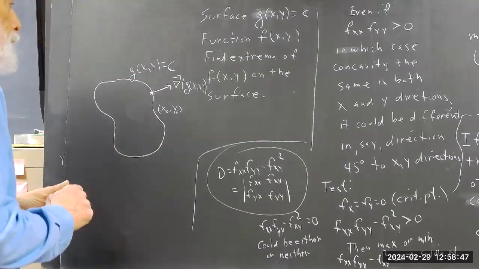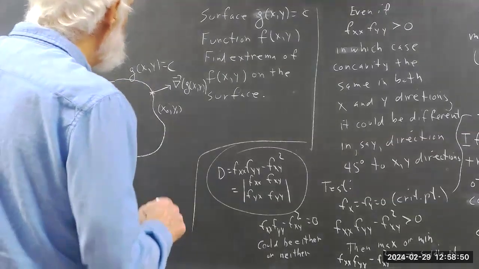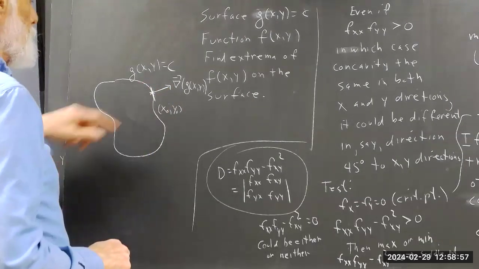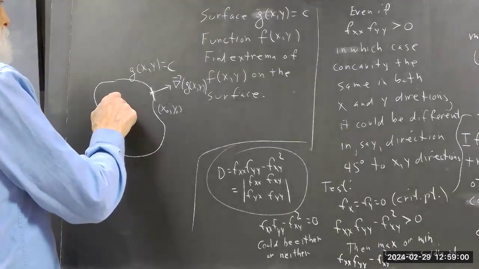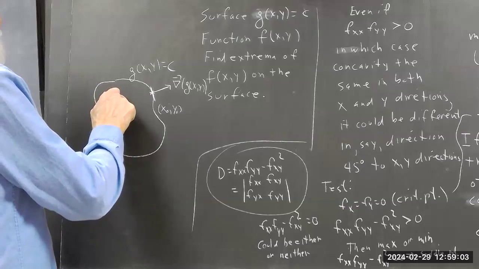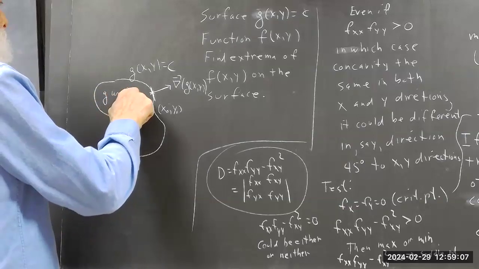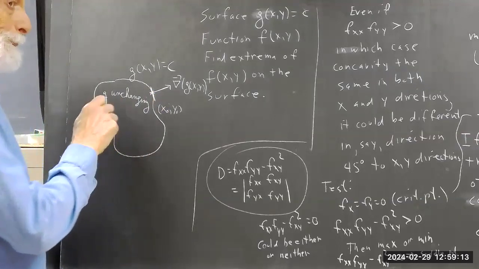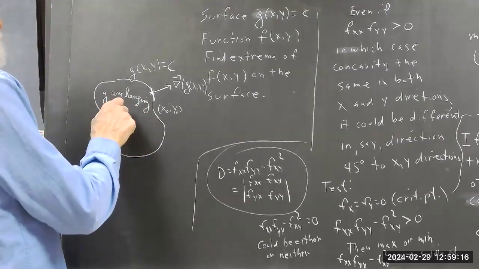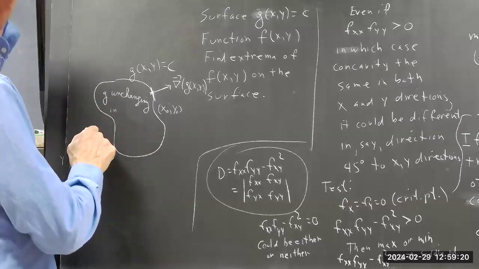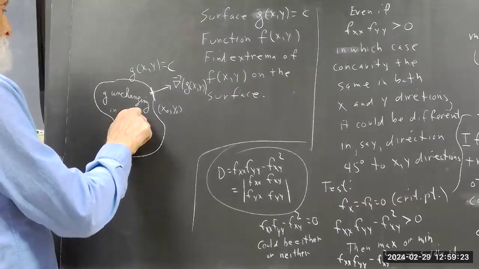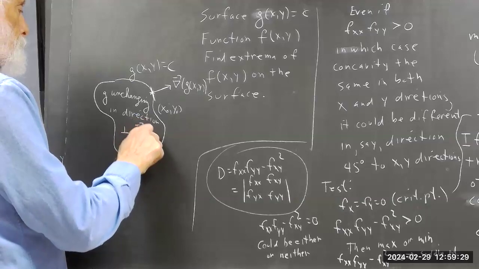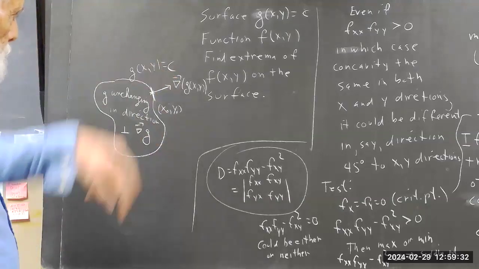It turns out then that along the normal line or the tangent line, tangent to the surface, g is unchanging, in the direction perpendicular to the gradient.